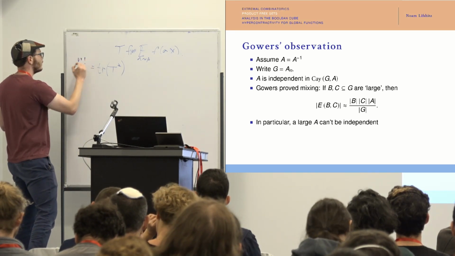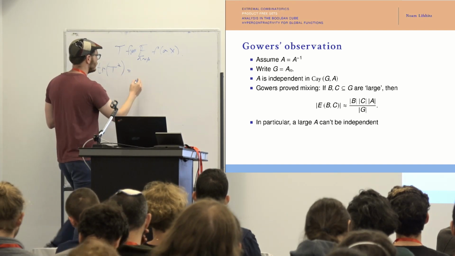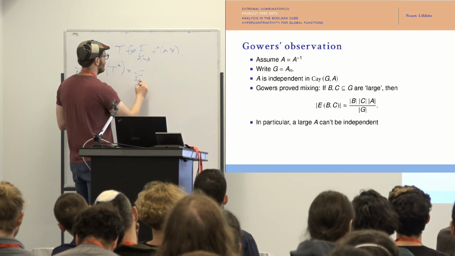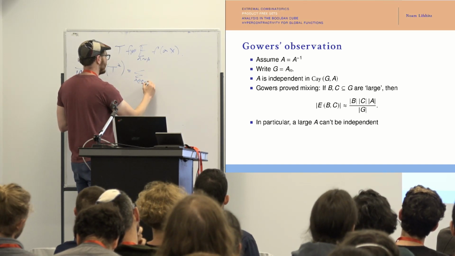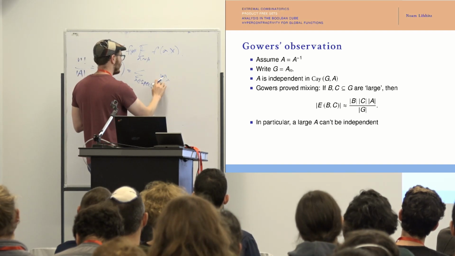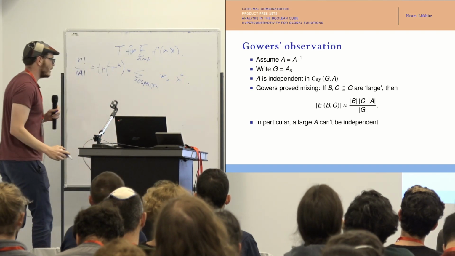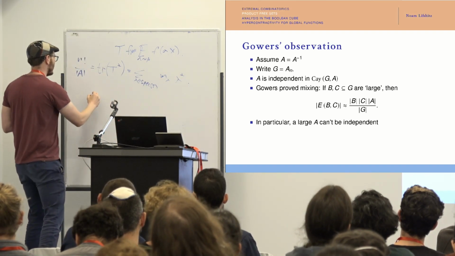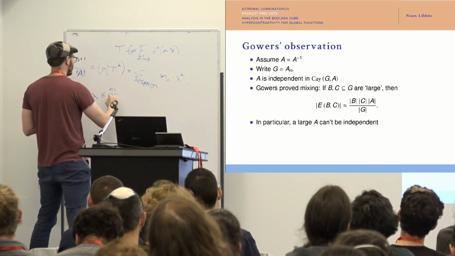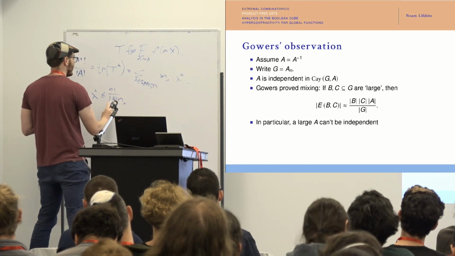So it's n factorial over the size of A, but on the other hand, it's equal to the sum over eigenvalues lambda of the multiplicity of the eigenvalue times the eigenvalue squared. And this in particular implies that lambda squared is at most n factorial over the size of A, divided by m lambda.